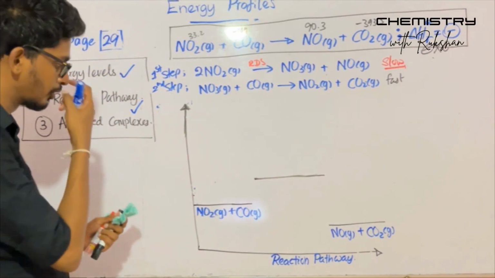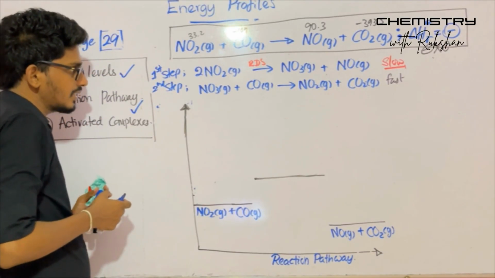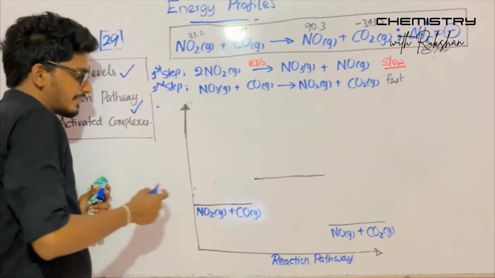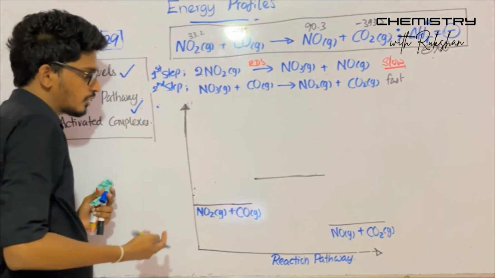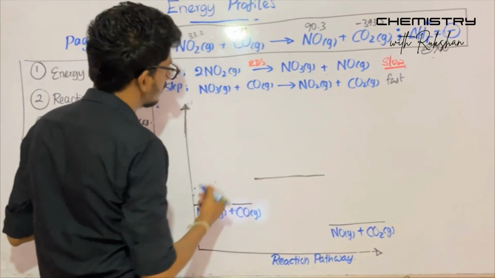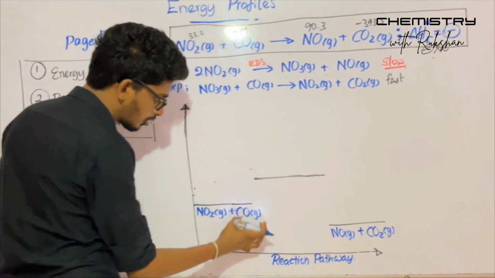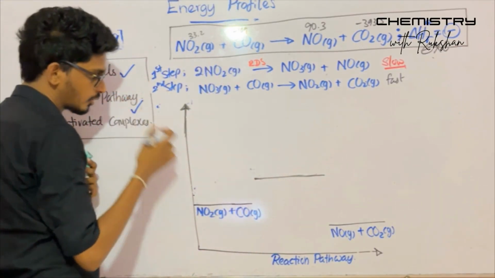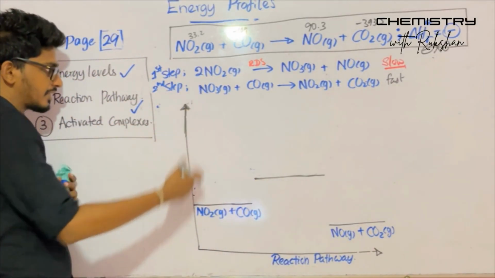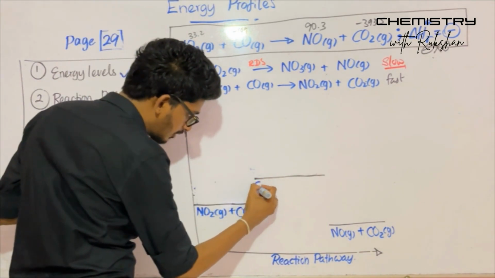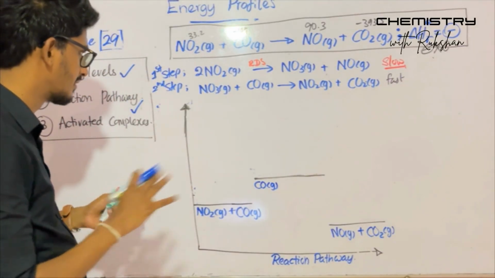So what are those? Here clearly you see, CO is not involved here. So write the CO. CO is not involved in the first step, so it is not reacting, and it will be there as a product after the first step as well, right? CO gas. Then that is done. Okay.